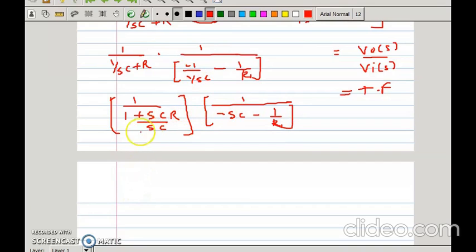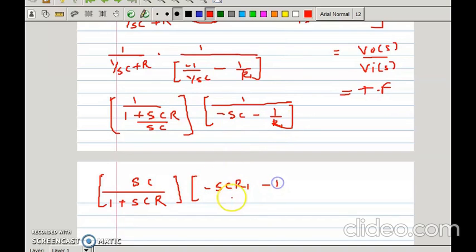Now let's put SC at the numerator, so SC divided by 1 plus SCR, right? Second bracket, when we take cross multiplication, it becomes R1, so it is minus SCR1 minus 1 upon R1, right? This is your transfer function.